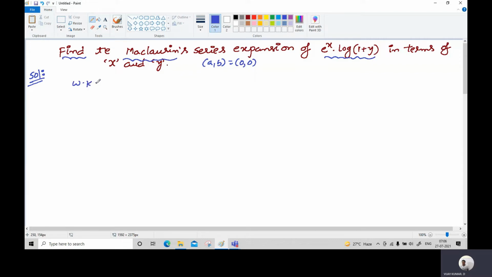So we know that the Maclaurin series expansion, first of all, we have to write the formula. Maclaurin's series expansion of the function f of x comma y.